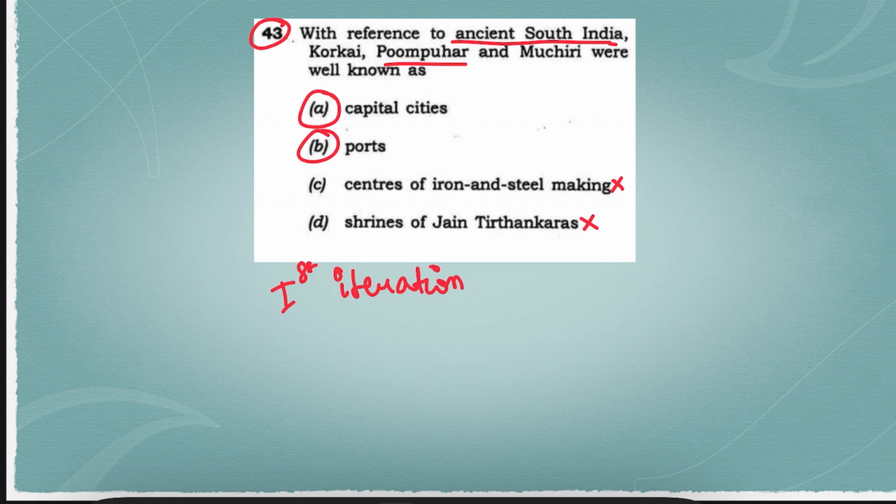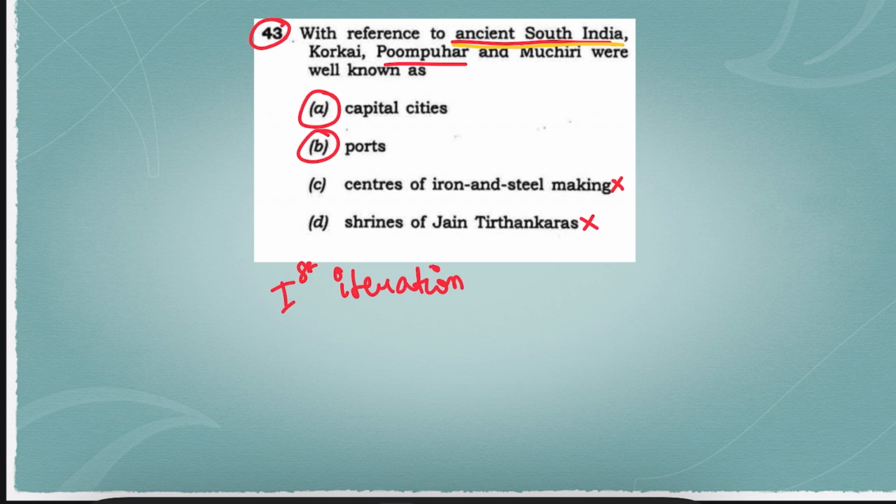In ancient history we mostly read about South India's trade and its capital cities. We hardly read about the centers of iron and steel making and shrines of Jain Tirthankaras, because these are mostly concentrated in northern, western, and central India. So I'll cross out option C and D.